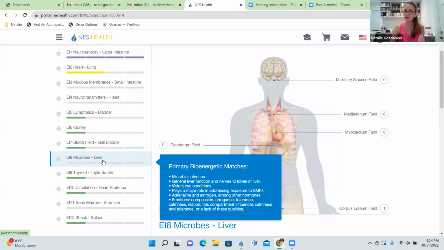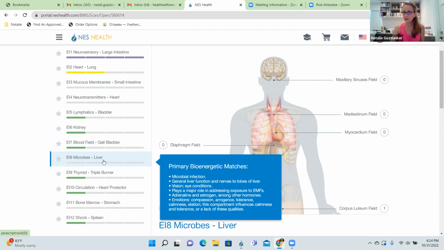We'll definitely ask the person whether they are protected enough against EMFs, because EMF can affect the functionality of the liver cells and tissues. If the person is stressed, with excessive release of adrenaline and estrogen, if there is a hormonal imbalance, the liver will be compromised and the eyesight will be compromised.